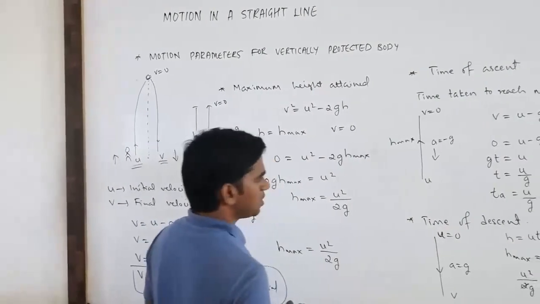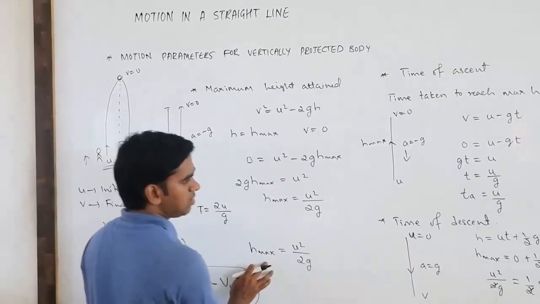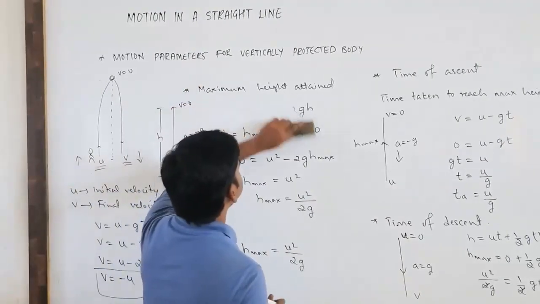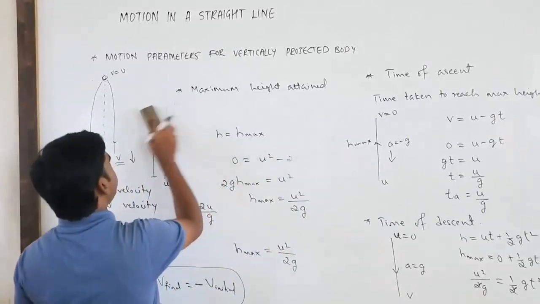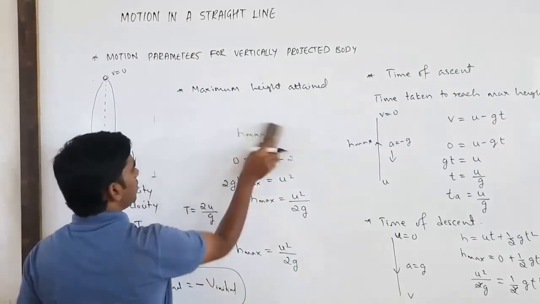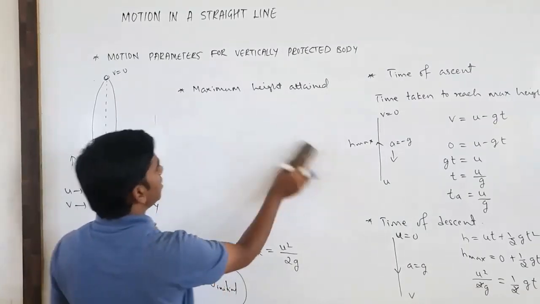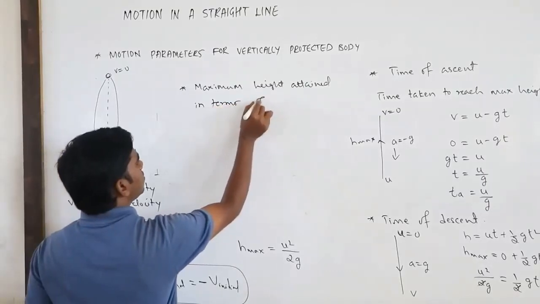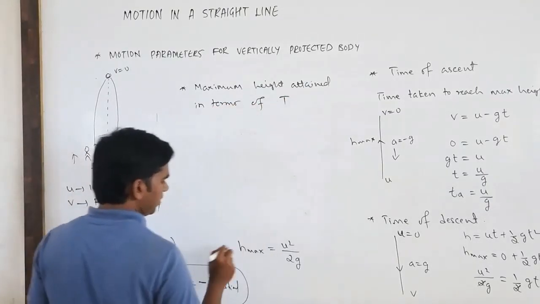Suppose you want to write the maximum height in terms of time of flight. How will the equation change in terms of time of flight, that is t?